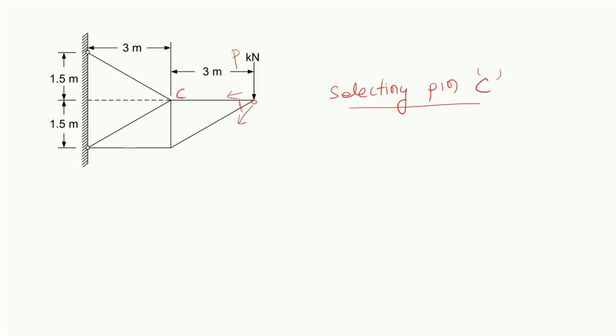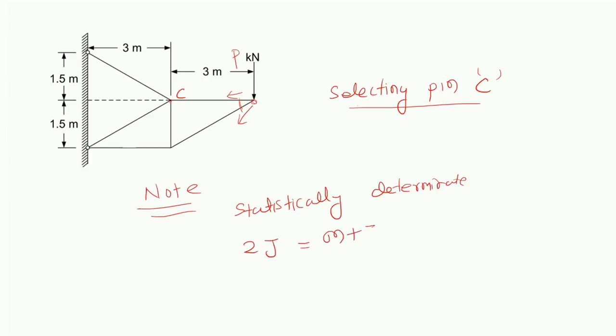And remember that one more important part is that there is a relationship between these joints and the bar or link. Okay, for a structure to be statically determinate, the equation should be 2j is equal to m plus 3.